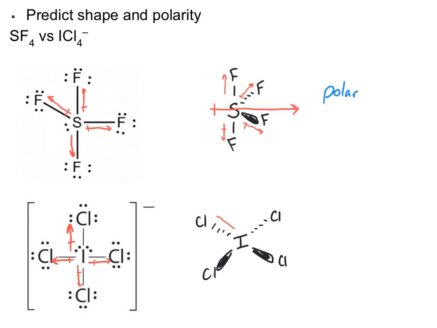And so even though we do have those 4 dipoles, they are all in the same exact plane. These are all in our equatorial plane. And so that means they will all cancel each other out. And so we do not have an overall dipole in the whole molecule. And so the whole molecule is nonpolar.